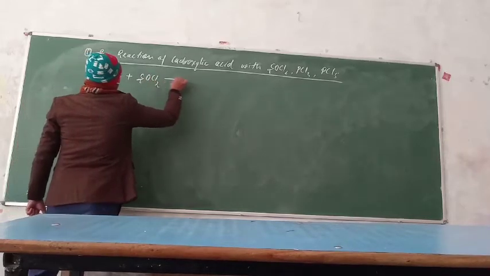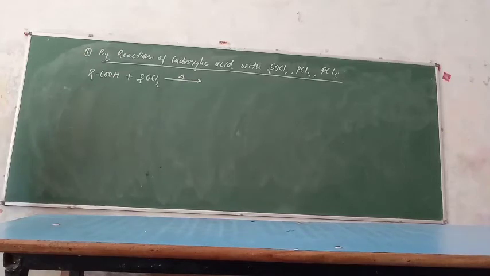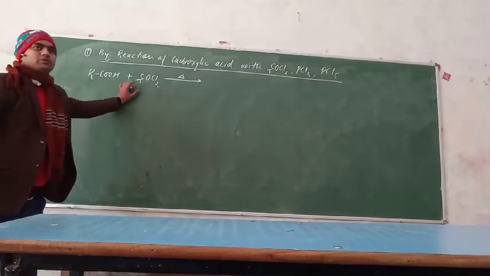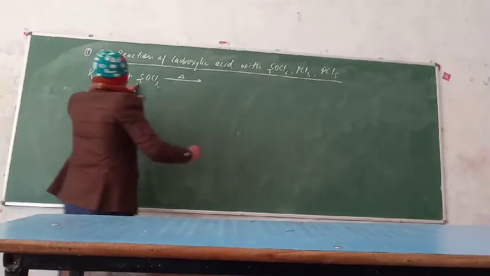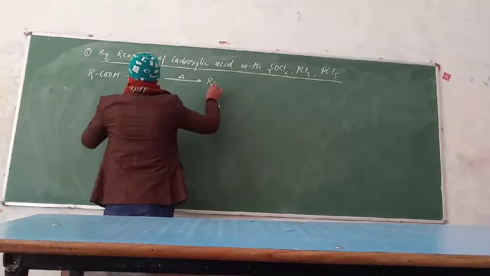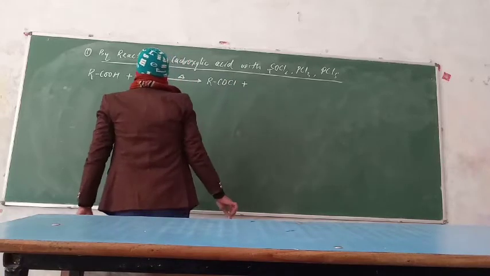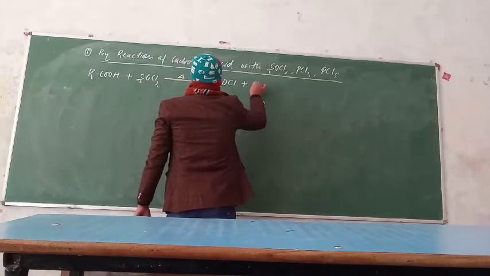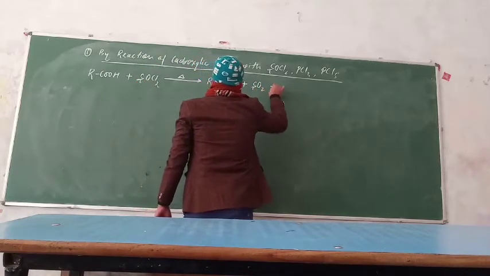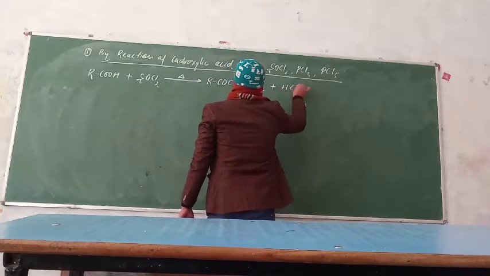RCOOH. This is the carboxylic acid, and when this carboxylic acid is treated with the thionyl chloride, then it will form RCOCl plus SO2, sulfur dioxide, plus HCl.